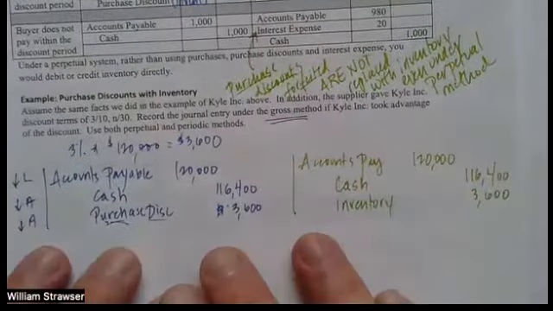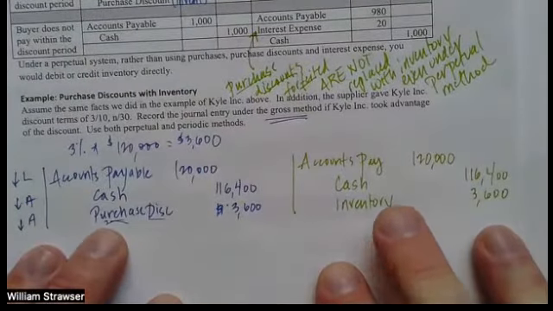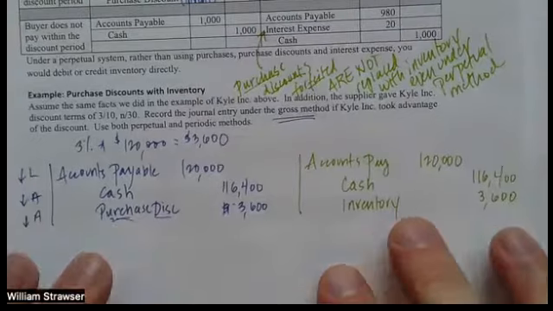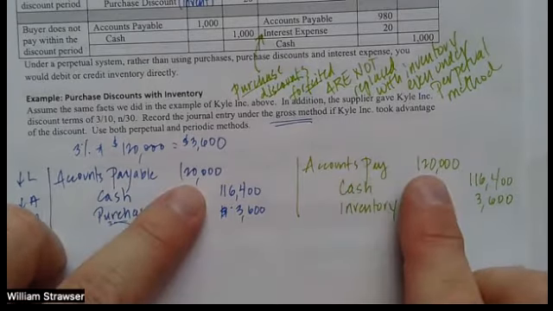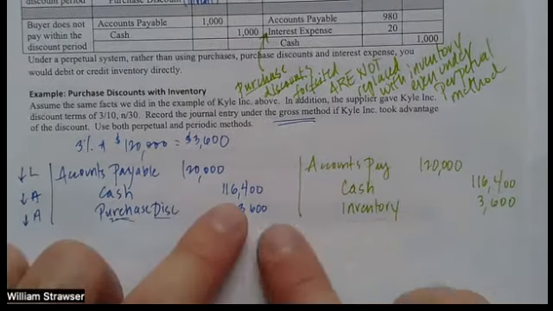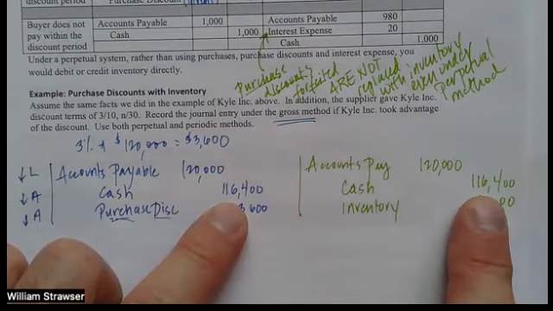And finally, if we paid within the window, we would have no purchase discount account because we would just be debiting the accounts payable, already at 116,400, with $116,400 of cash. So there would not be any updates there.